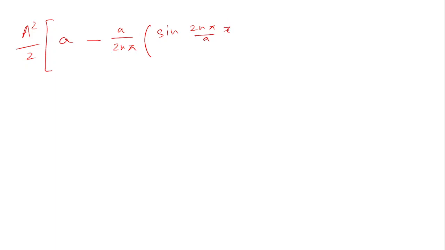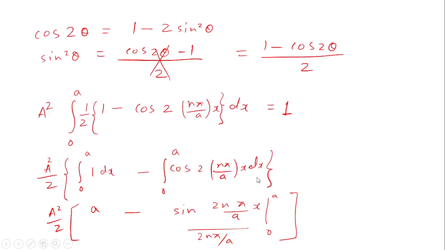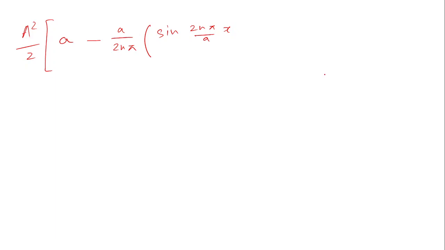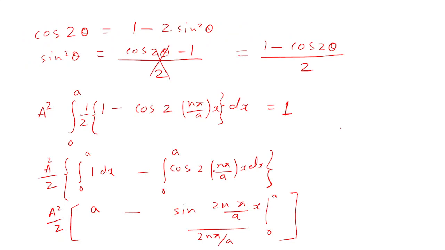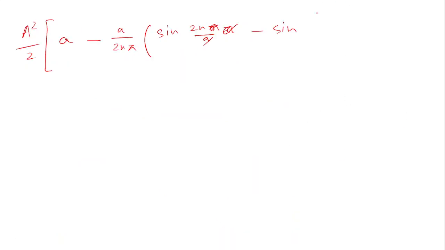So when I put a here, then a cancels, 2n pi minus sine, then next time I have to put 0 here. I hope you remember how to do integration.